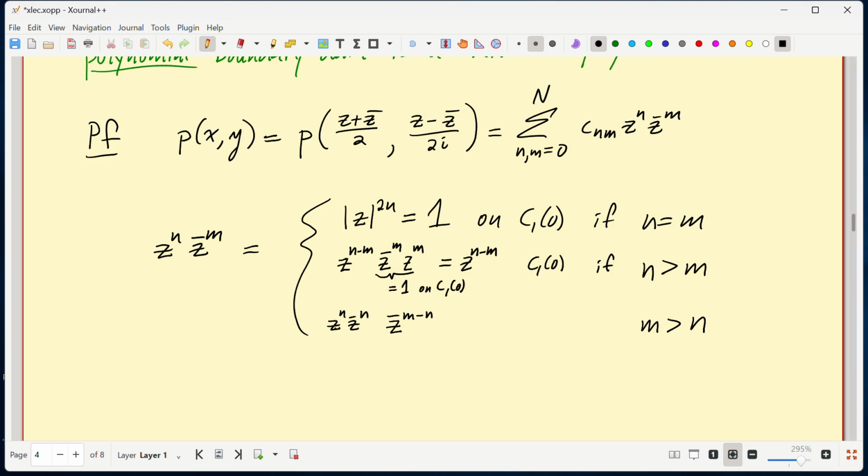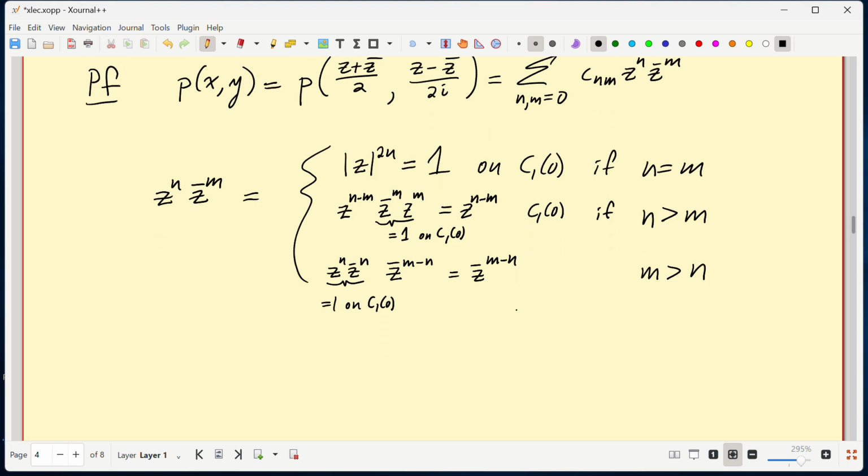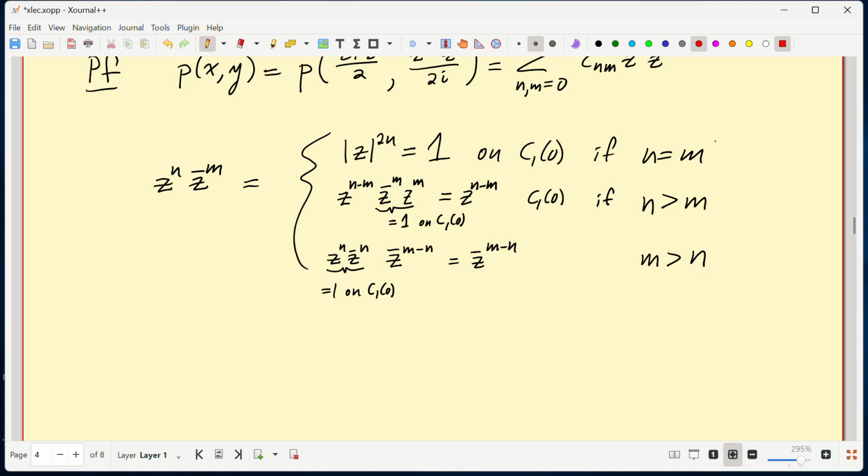And this part is equal to 1 on the boundary. And so this is equal to z bar to the m minus n. And that's the conjugate of a harmonic thing. So I'm going to extend this one by 1.